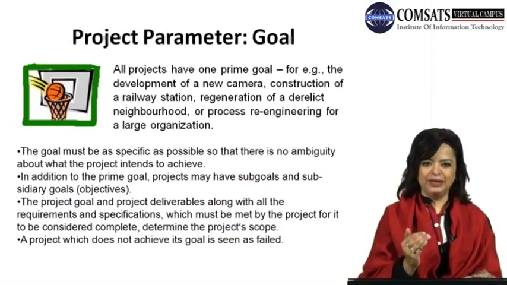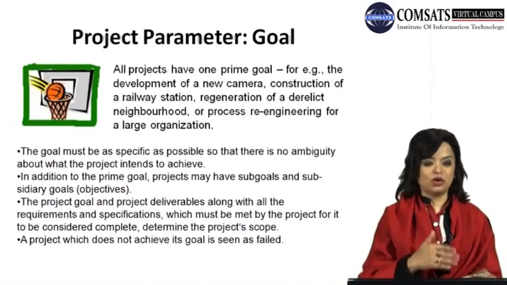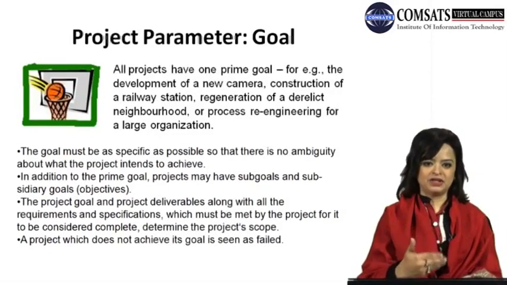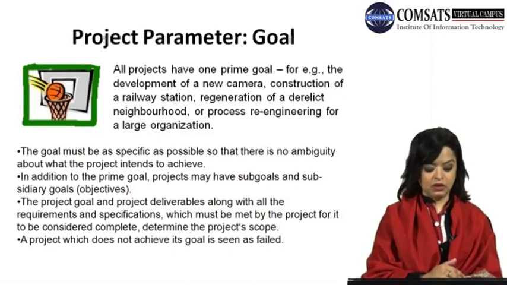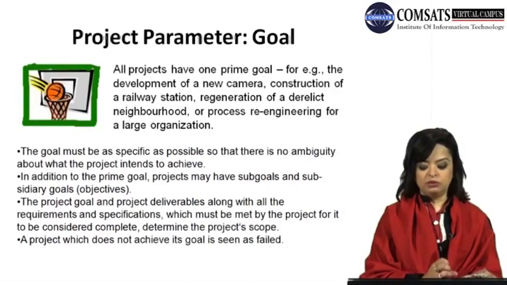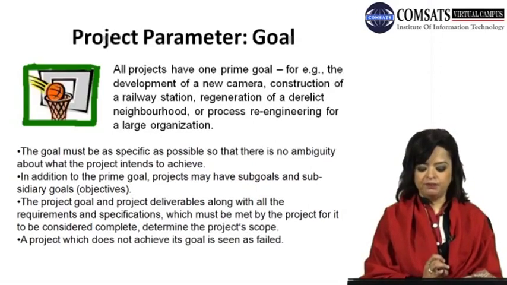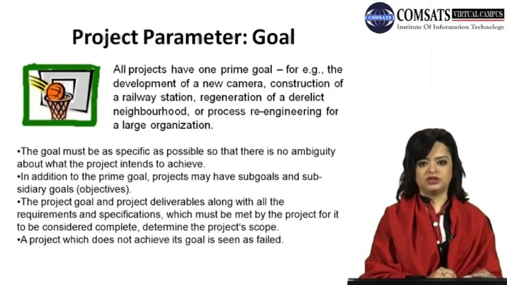Some are stated clearly, while some are not stated clearly, but start coming out once they look at the progress of the project. The project goal and project deliverables, along with all the requirements and specifications which must be met by the project for it to be considered complete, determine the project's scope.